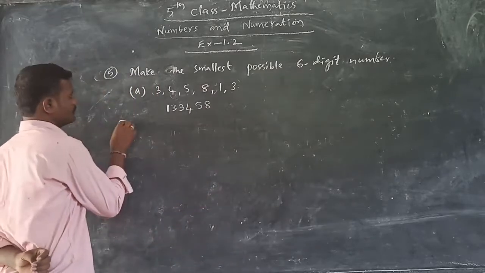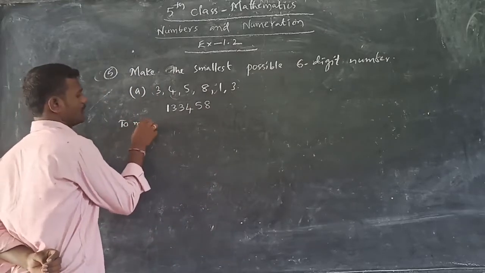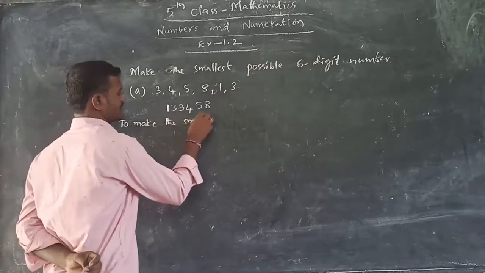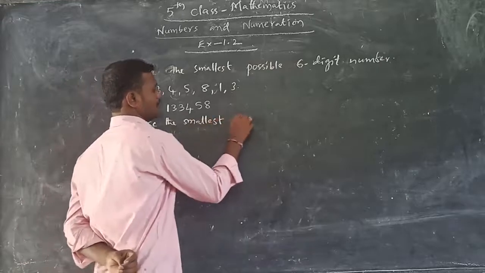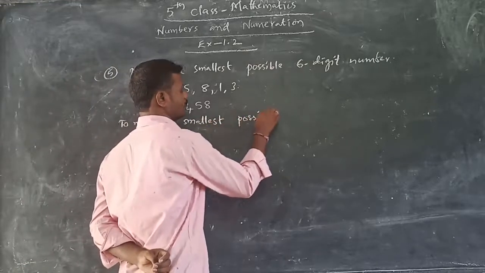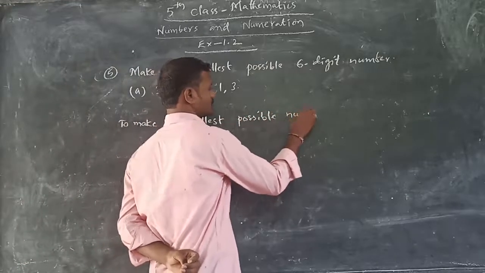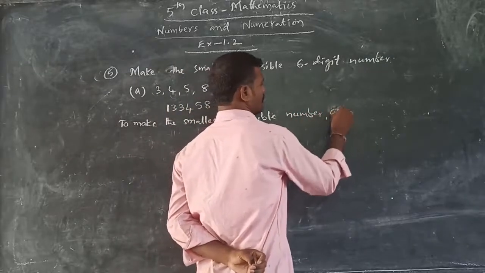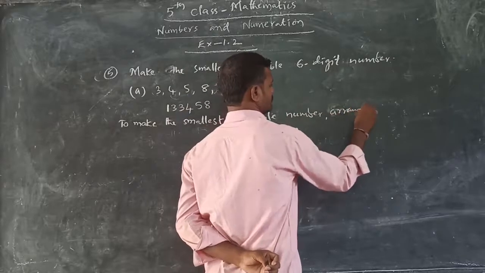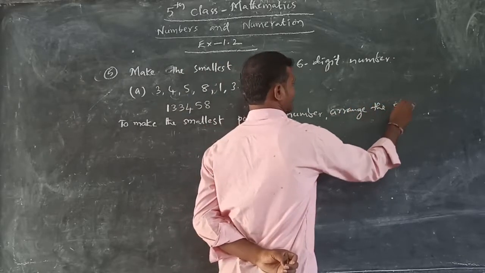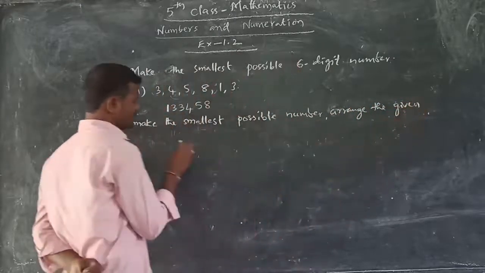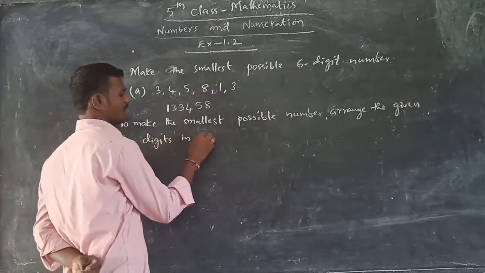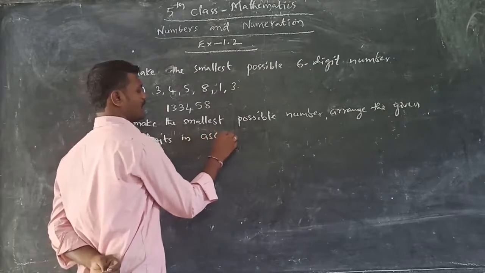To make the smallest possible number, arrange the given digits in which order? In ascending order.